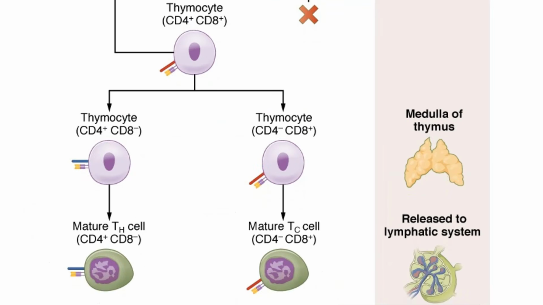So at this point, the T cells have passed both positive selection and negative selection, so that they properly interact with MHC and they do not interact with self-antigens. They then differentiate into CD4 positive and CD8 positive cells. They move from the thymus out into secondary lymphoid structures. The CD4 positive cells are going to become helper T cells.